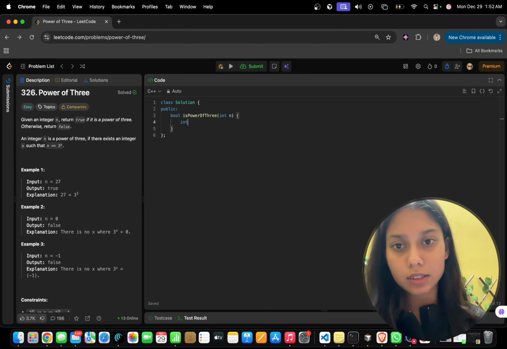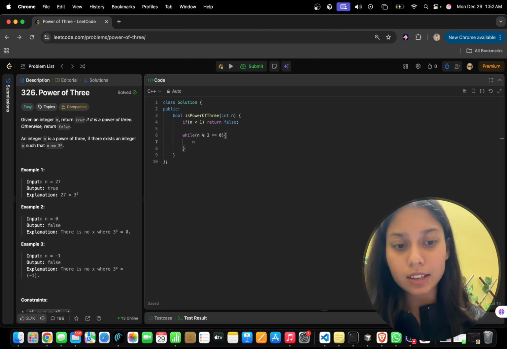First of all, let's use our base case, that is n less than or equal to 0. Over here we're going to return false. Then inside our while loop, we put the condition that when n is divided by 3, its remainder should be 0.